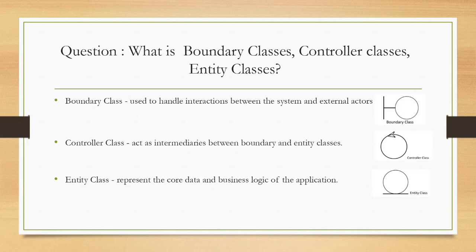The entity class represents the core data and business logic of the application. It is somewhat similar to the three-tier architecture you have learned. So you need to know about these three things.